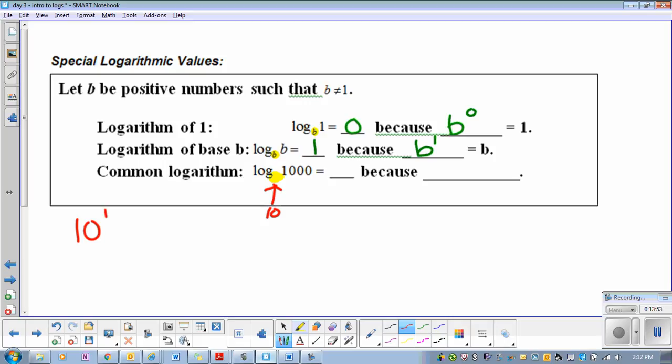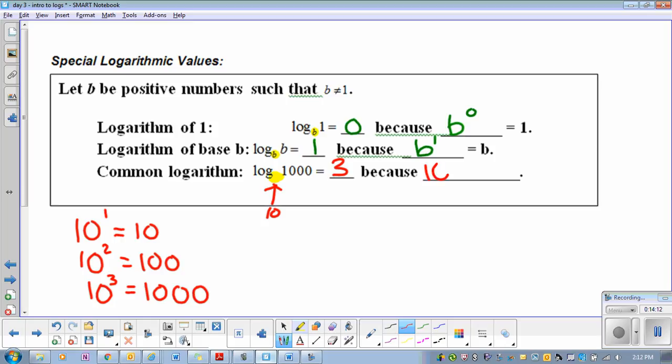The exponent on the 10 tells you how many zeros you should have. 10 squared tells you should have 2 zeros. That's why that's 100. And 10 cubed tells you should have 3 zeros. So this is 3, because 10 cubed equals 1,000. Questions about this? Okay.